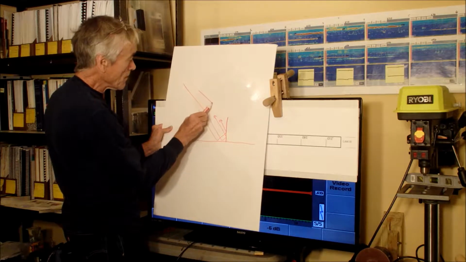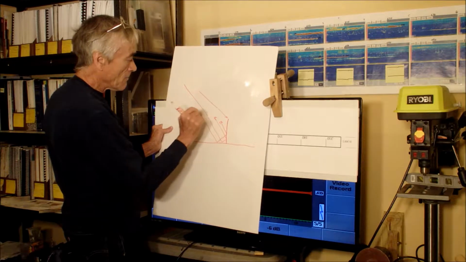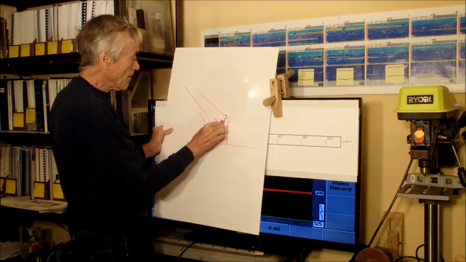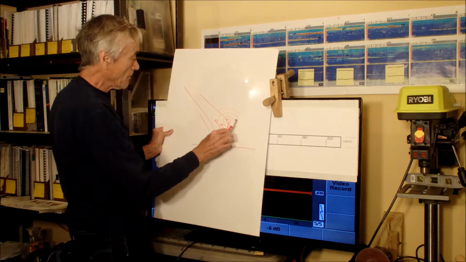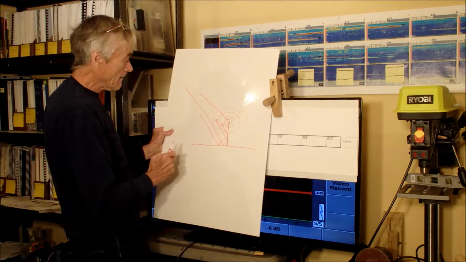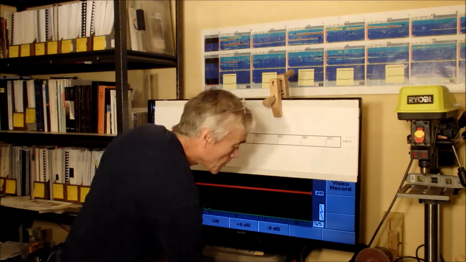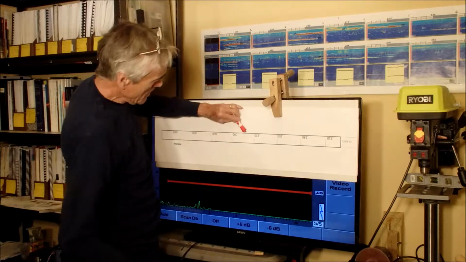As opposed to the sound coming back from the tip, when some sound hits an edge like that, there'll be a little bit of diffracted sound that radiates out in all directions. It's very low amplitude, and some of that sound will come back.